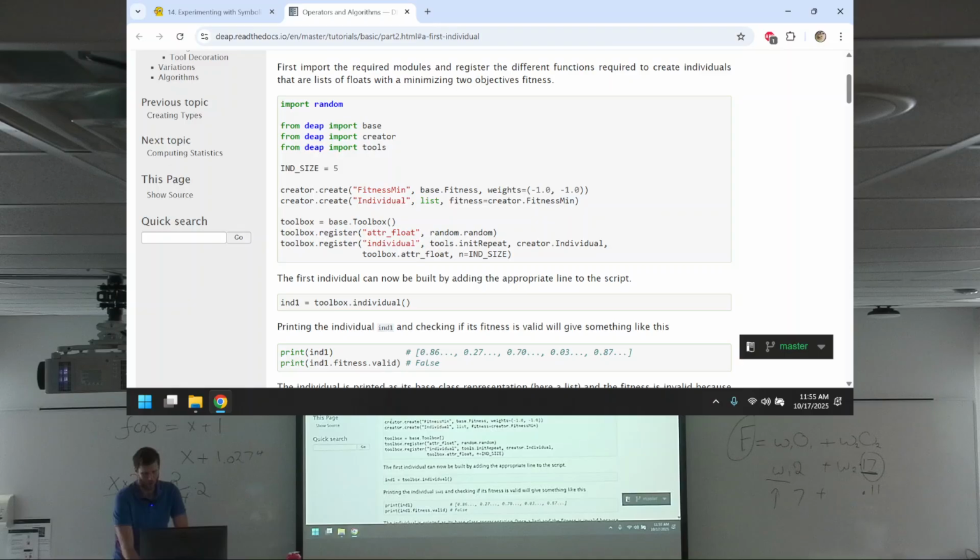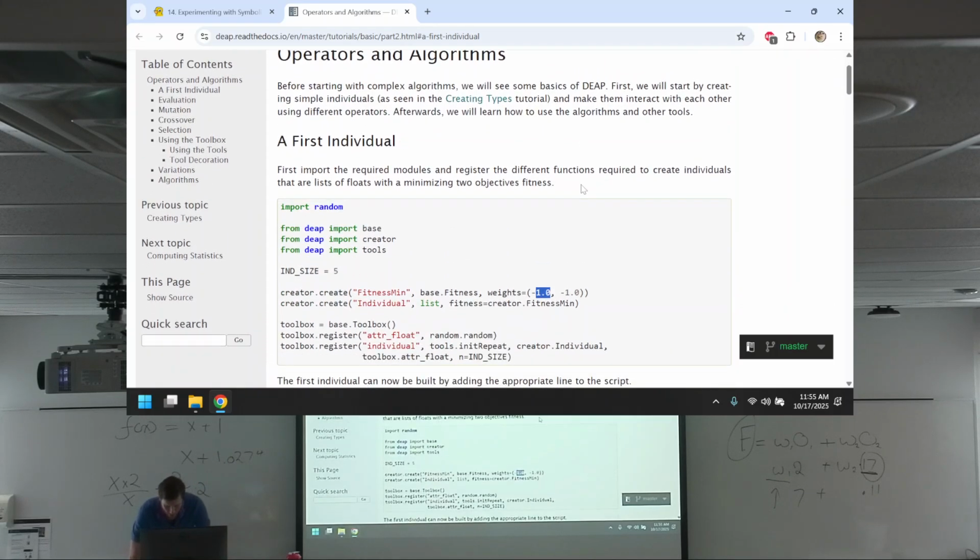Yeah, here, when you're creating it, a fitness min, weights. Here's one where it's two objectives, both we want to minimize. And here, because it's 1 and 1, the weights are the same. I don't really pick one over the other. What is this problem for?